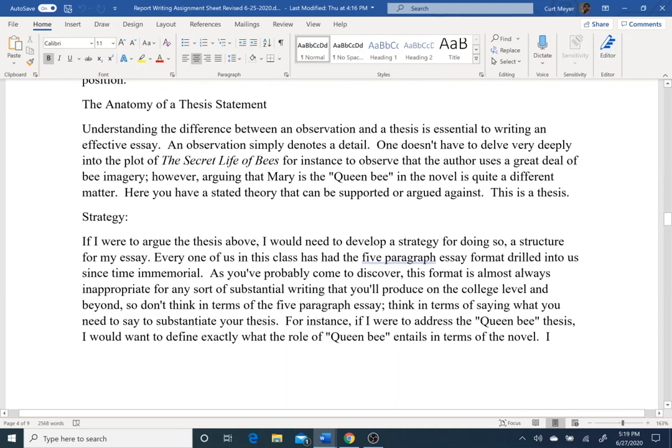So, when dealing with an argumentative thesis, and I'm not going to spend a whole lot of time on this right now because that's not the focus of this assignment, it's very important to understand the difference between a thesis and an observation, right? An observation would be, if I were to look outside right now, as I'm doing, you can't see me doing it, but if I were to say, ooh, the sky is blue, right?